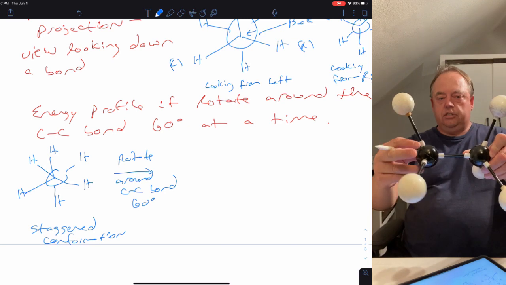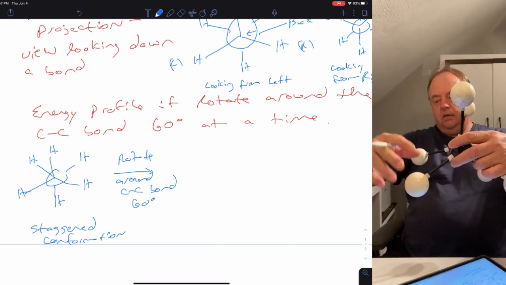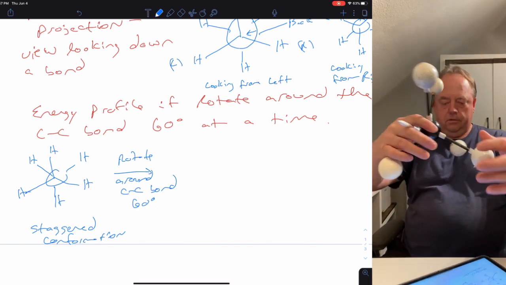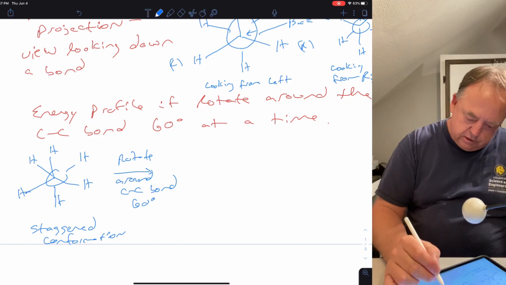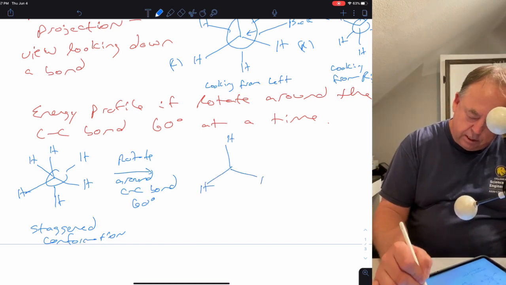So now the hydrogens are behind each other. This hydrogen in the back is behind that one, this hydrogen is behind that one, and this hydrogen is behind that one. So we rotate 60 degrees, keep the front carbon the same, and rotate the back carbon.